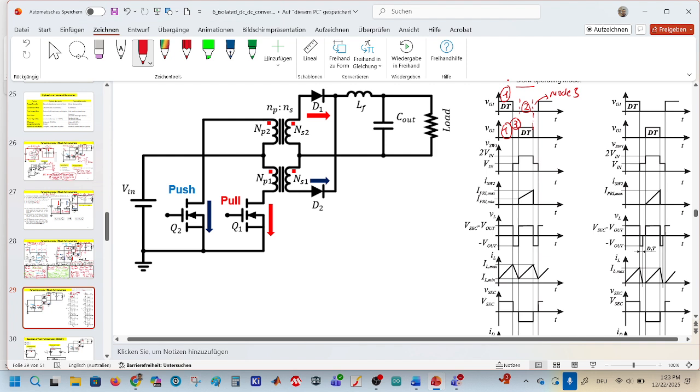And then if the second switch is turned on, the current flows on the second switch, and we have 2 times the input voltage as stress between drain and source of Q1 and Q2.